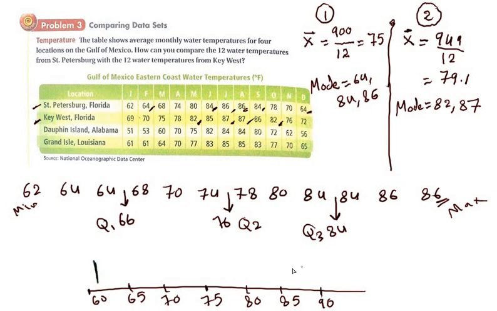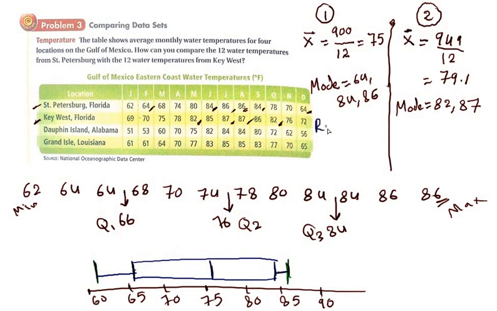The maximum is 86. The first quartile is 66, right after the 65, the second quartile is 76, and the third quartile is 84. This is our box, and these are the minimum and maximum values.